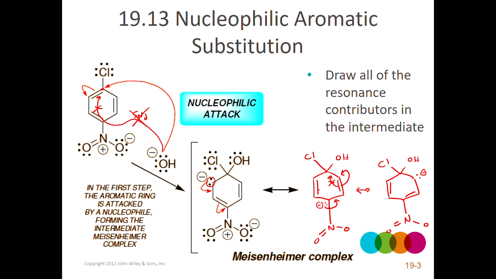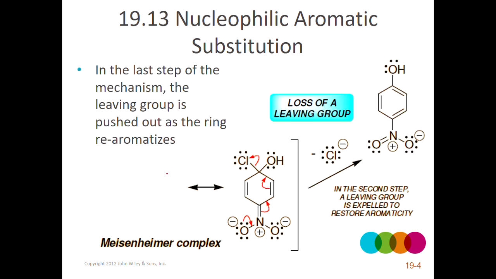So there are 3 resonance contributors here, but I don't want to forget the resonance contributor where the electron pair can shift here and push these out to the oxygen, because putting the negative on the oxygen is even more stable than having it on these carbons. So there's another resonance contributor that would look like this.